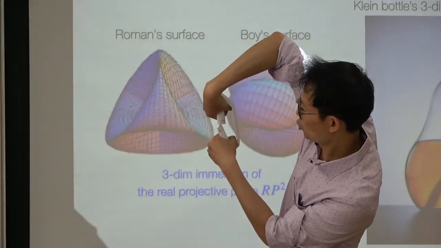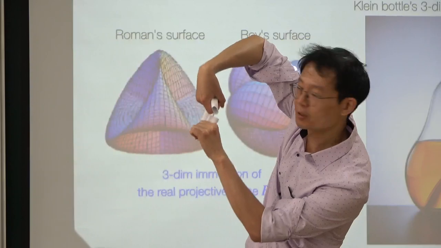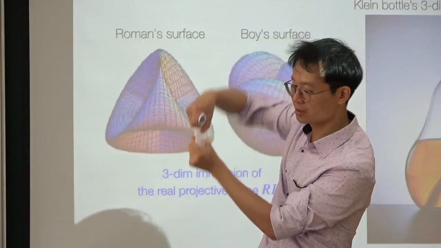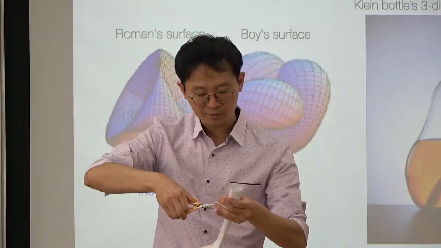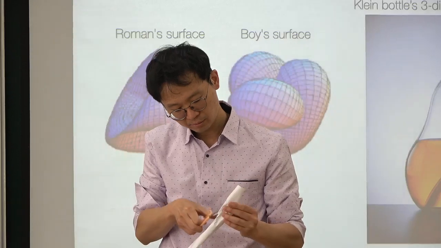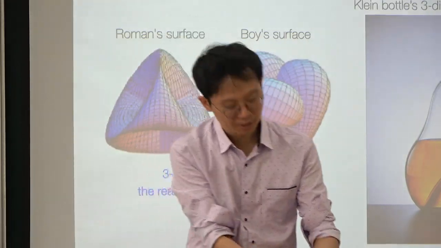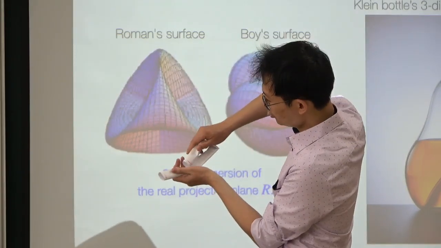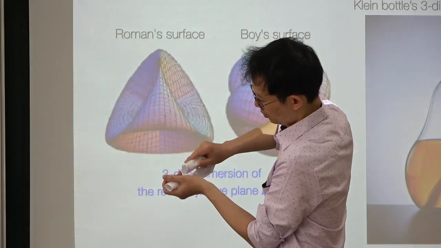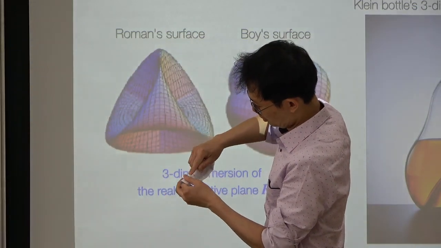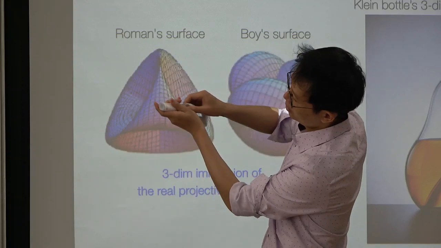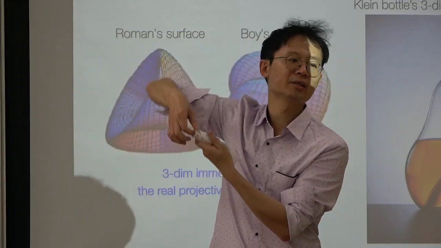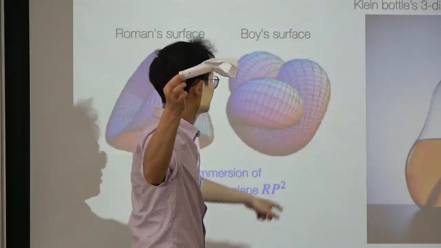No matter how hard you try, you cannot do it because the direction is always opposite. The only thing you can do is dig a hole. If you are allowed to dig a hole, you dig a hole, and now you insert this one into it. Then you see, and this is the Klein bottle realization here.